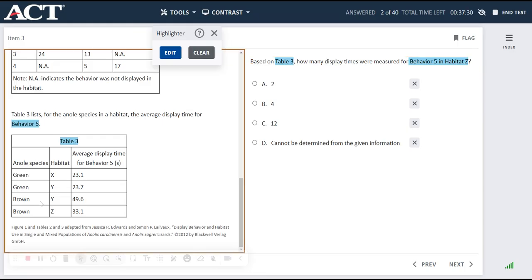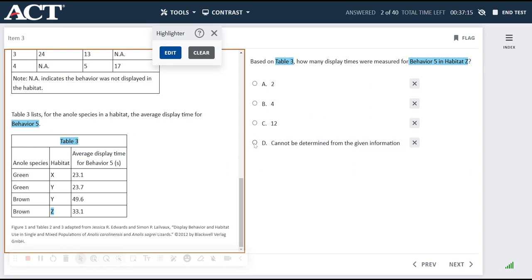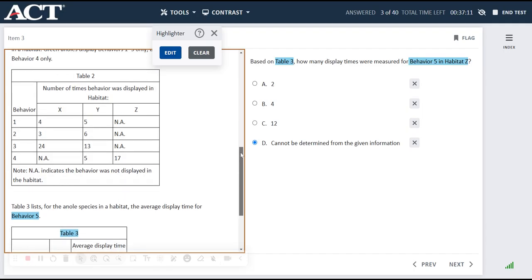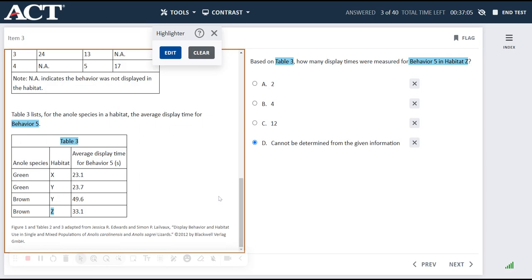We'd have to get how many times it was displayed. We would have to have some other information than the average, so it cannot be determined from the given information. Let's look up to be sure. That only goes through 4 behaviors in table 2, so there's nowhere else we can get how many times it was displayed. We're just given the average, so D.